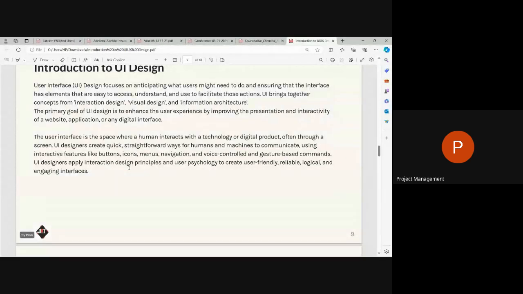So UI brings concepts from interaction design, visual design, and information architecture. Interaction design is putting in elements that users can interact with. Visual design is designing something that is aesthetically appealing to the users.